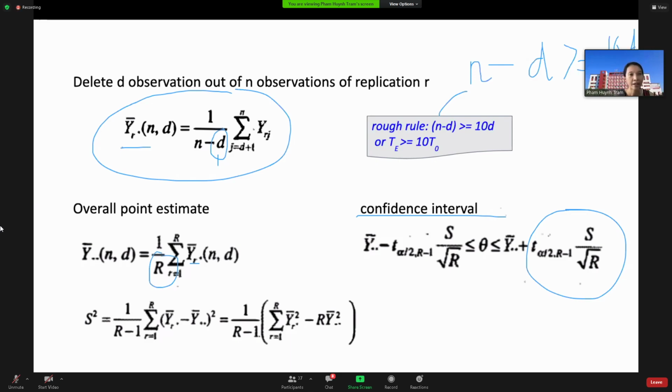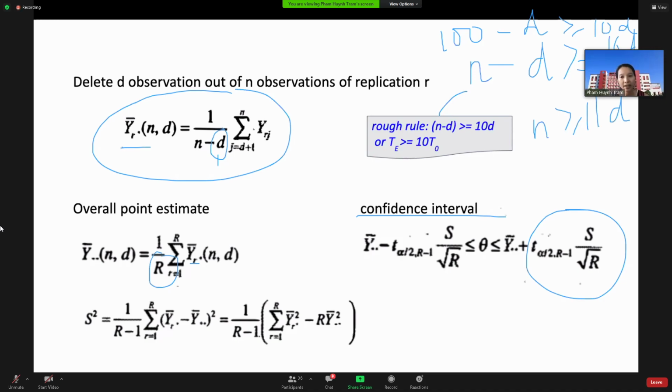Let's say you have 100 entities per replication, you observe 100 entities entering during your simulation time, and we remove a certain number of entities during the warm-up period, that is D. That D should satisfy this condition: 10D, or N larger or equal to 11D. It's just a rough rule.